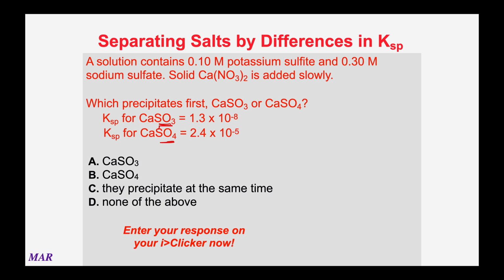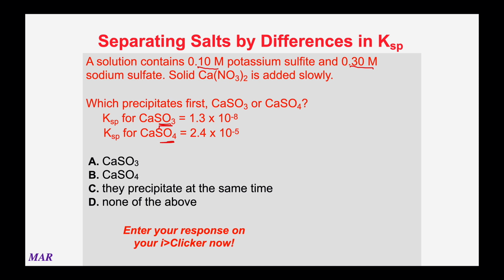There's an unofficial way and an official way to do it. Let's talk about the unofficial way first, all right? Calcium sulfite and calcium sulfate are both 1 calcium to 1 polyatomic ion, 1 to 1, all right? And the concentrations of the sulfite and sulfate, 0.10 and 0.30, are pretty close to each other.